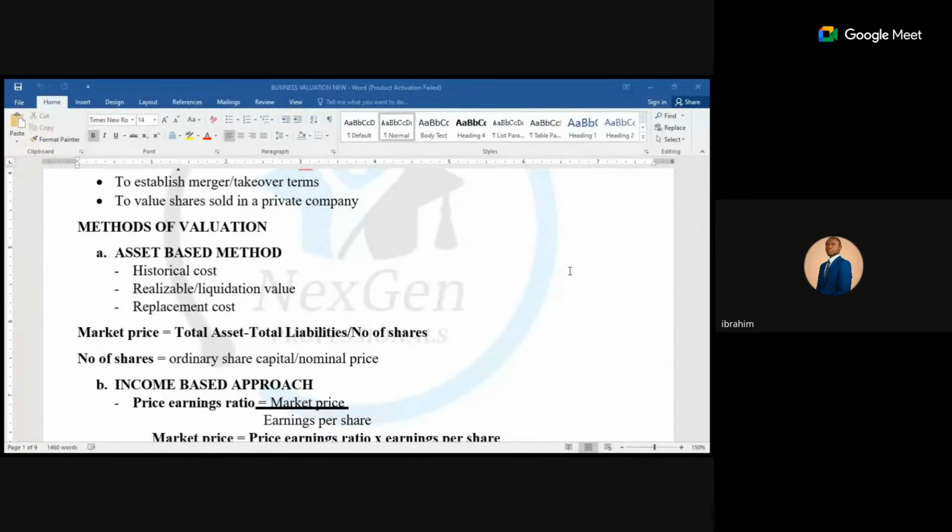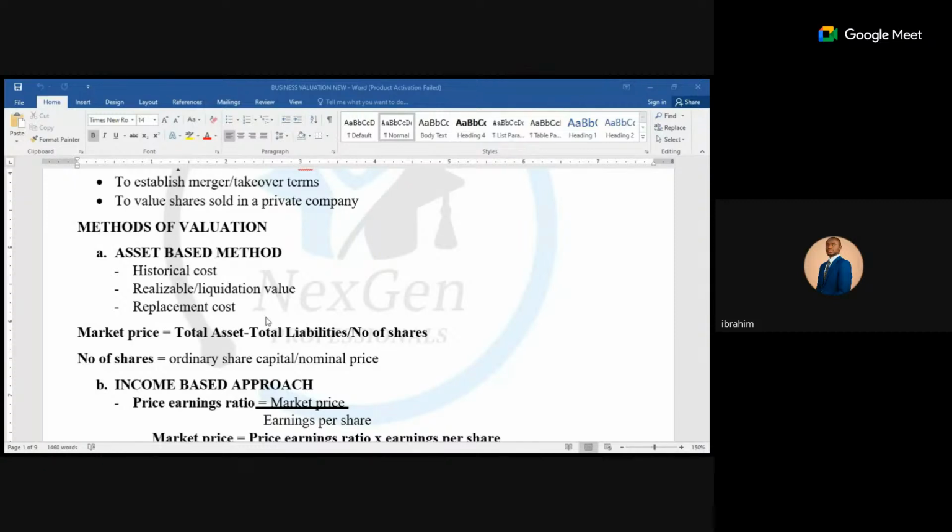You want to calculate the minimum price that you will pay to acquire the target company, or the minimum price for the merger, what will be the market price of that particular business. That is the purpose. Any of these three methods, you want to calculate the market price.